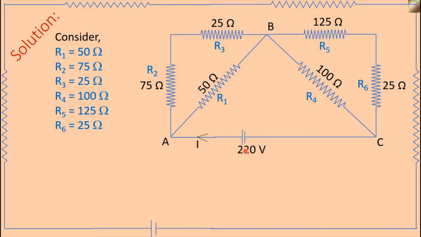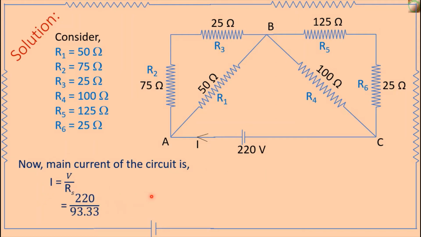So the main current of the circuit is I is equal to V divided by Rs. V is equal to 220 volt and Rs is equal to 93.33 ohm, the equivalent resistance of all these resistances, and after calculation, I is 2.357 ampere. This is the main current of this circuit.